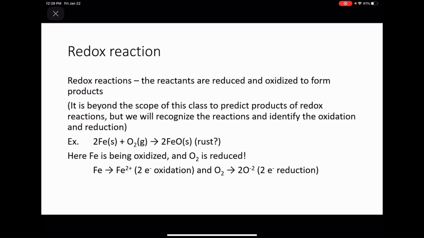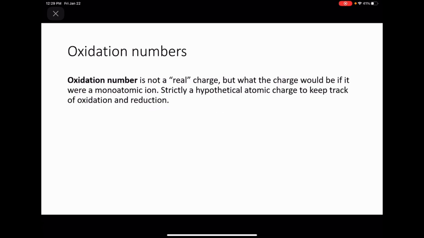So the question is, how do we decide what's being oxidized and reduced? We're going to introduce an accounting system to track these redox electrons. And that's based on oxidation numbers. Now, an oxidation number is not a real charge, it doesn't really exist, but it's the charge that ion or that atom would be if it were a monoatomic ion in the compound.